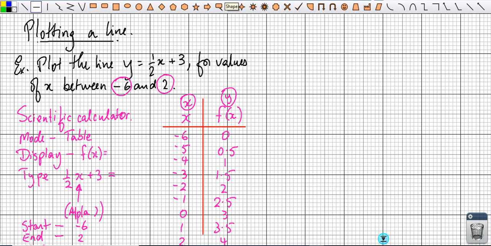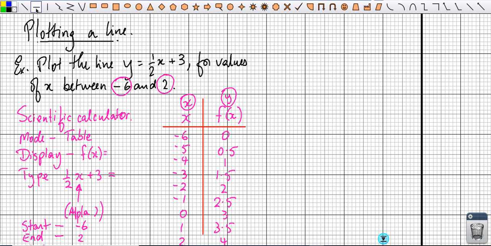Now, I'm going to use a scale which is not exactly your scale because I don't have your graph paper, but x is from -6 to 2, and y, as we can see, is from 0 to 4.